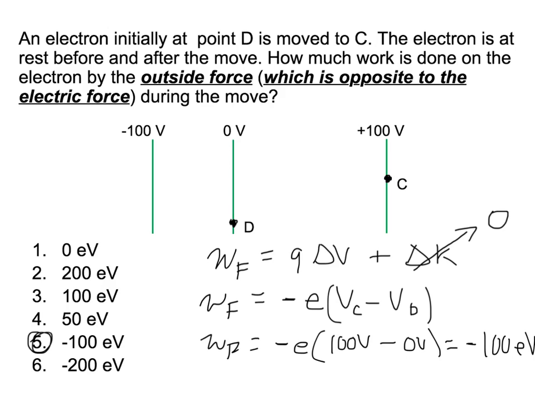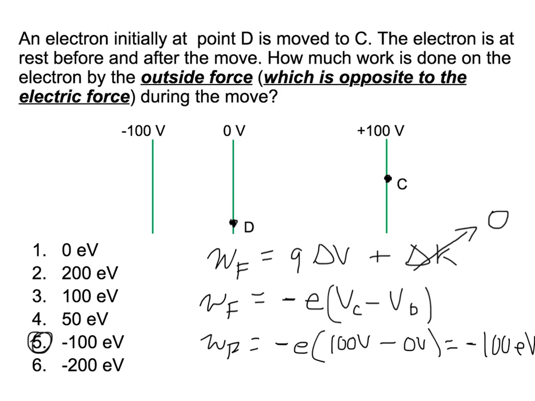We can also check our reasoning here just by seeing if it makes physical sense. Let's think about the direction of the force that the electric field exerts on the particle. Remember that there's no net acceleration or net change in motion. So whatever the sign of the work done by that force, the sign of the work by the external force must be opposite.